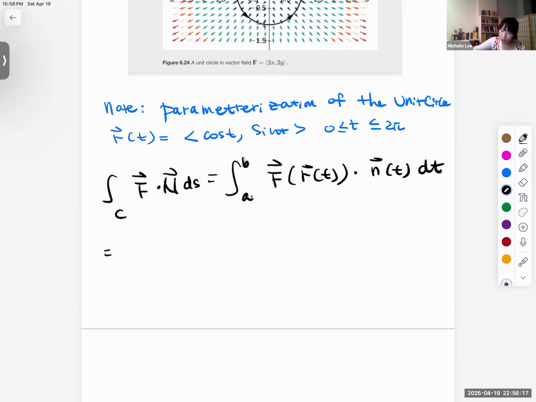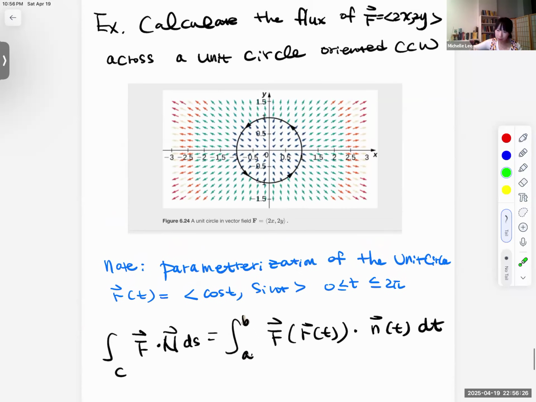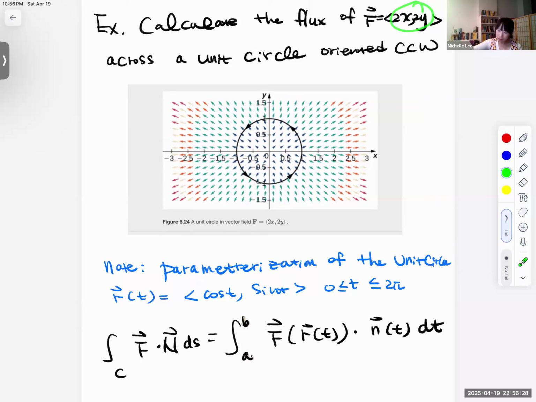Now the vector field is 2x, 2y. Then x is cosine t and y is sine t.